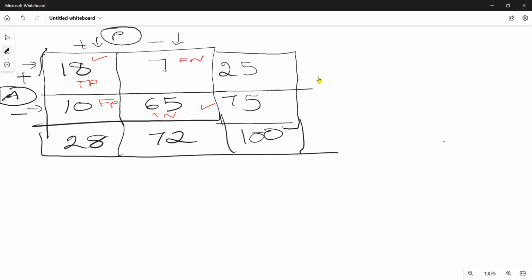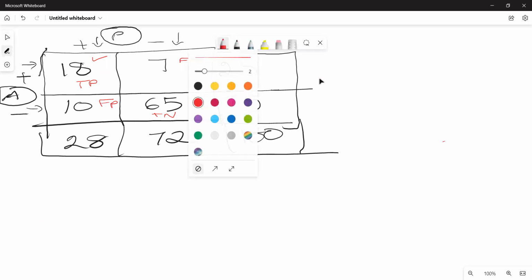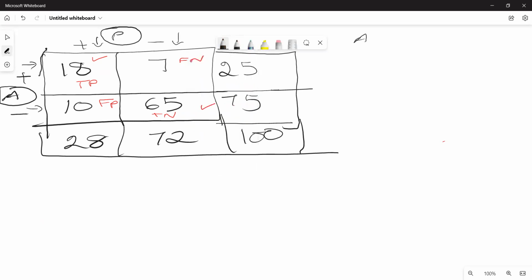So now I can find out what are the other measures. So the measures are accuracy. So accuracy is what is the total positives predicted correctly by my model? What are the total negatives predicted correctly by the model? So total positive plus total negative divided by total number of observations.